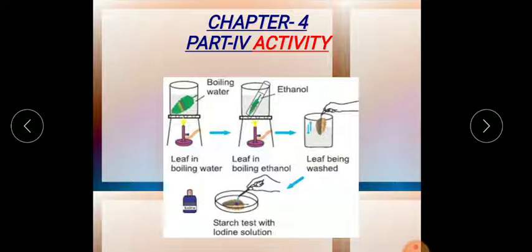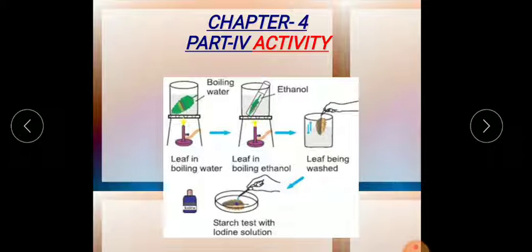The second step is boiling the leaf in ethanol, which is an alcohol. In the first picture you can see we directly put the leaf into the beaker, but here we are using a test tube.